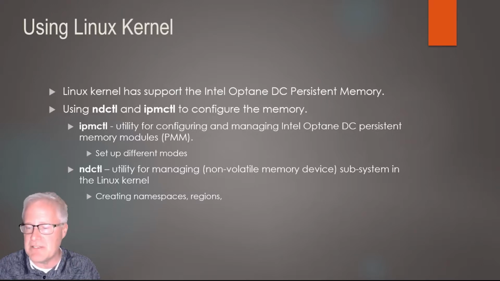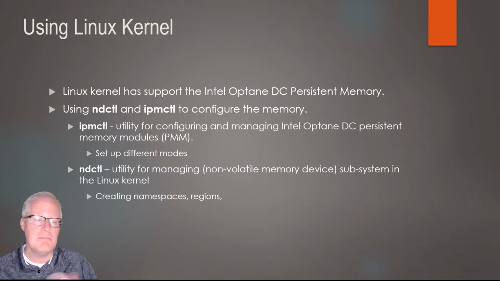This allows me to create namespaces in that persistent memory that I've created. And I can create those namespaces in regions so that I can create them as devices, so I can easily mount them and put file systems on them. So two really important tools that we use to set up all of our testing. You can find out more about it on our blog. It gives you details on how to set it all up.